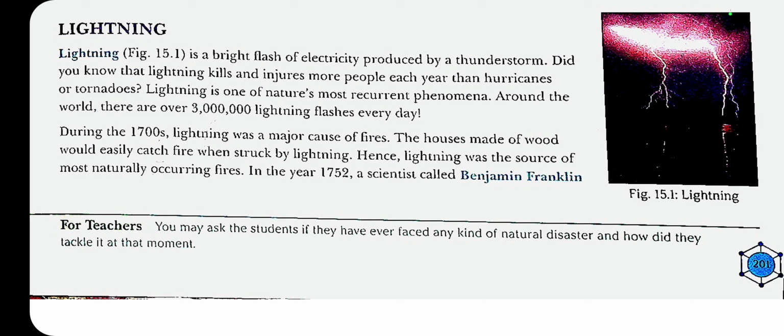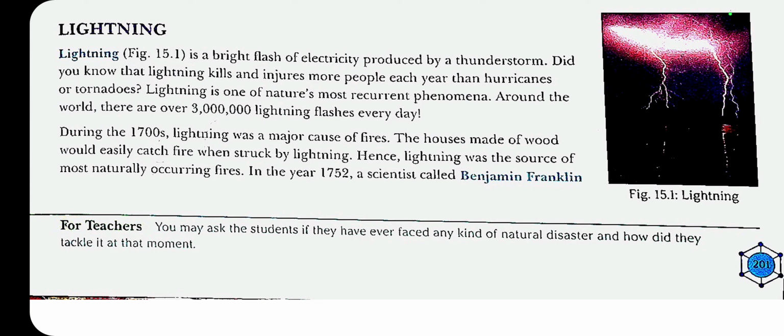Now we know why lightning kills and injures more people each year than hurricanes and tornadoes, because it is really frequent. And after doing the math, I think the estimate would be that every second there are 30 lightning flashes.